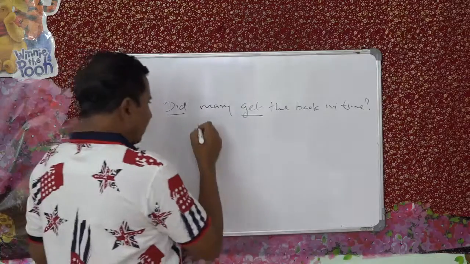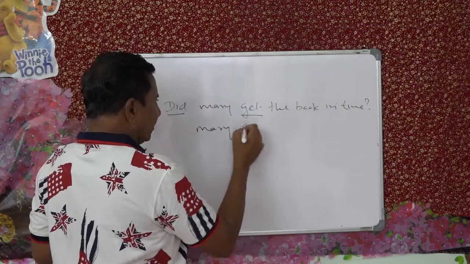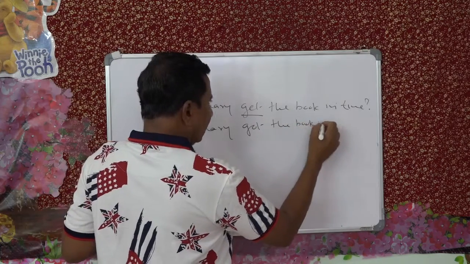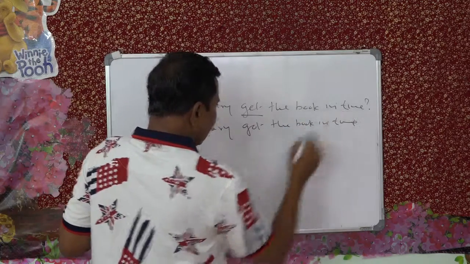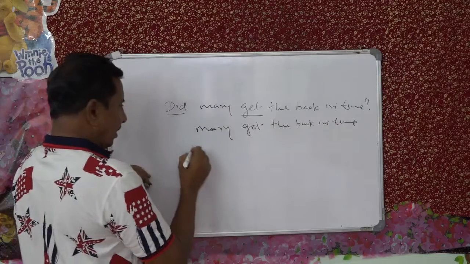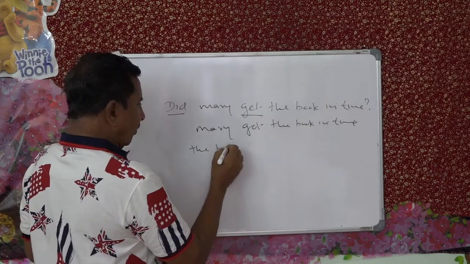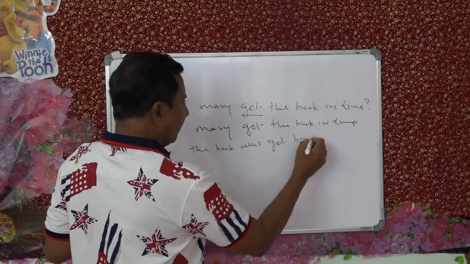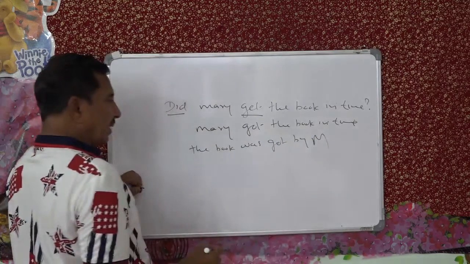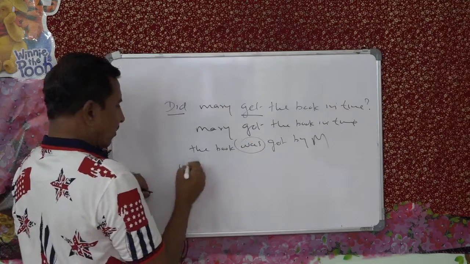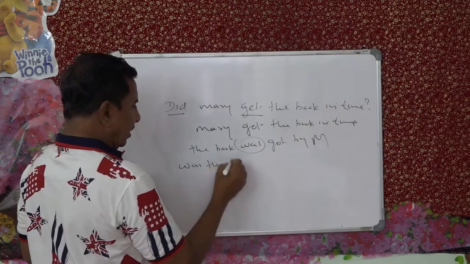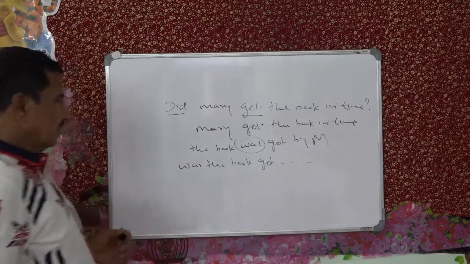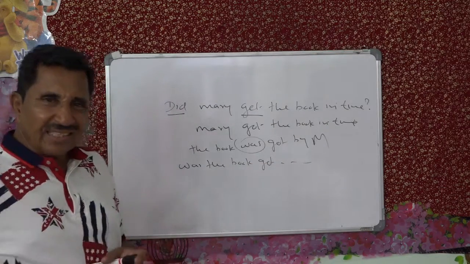Then it will be Mary got the book in time. So now it's easy. The book was got by Mary. Now you can make it the question, was the book got, etc. So that becomes very easy, that's what it is.